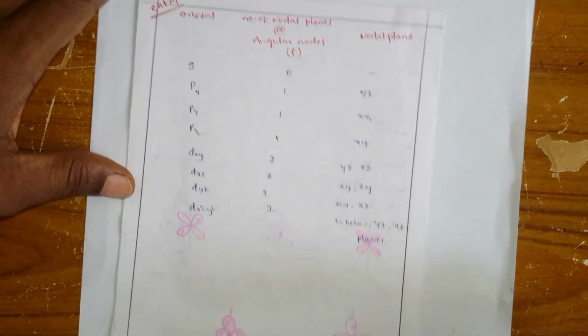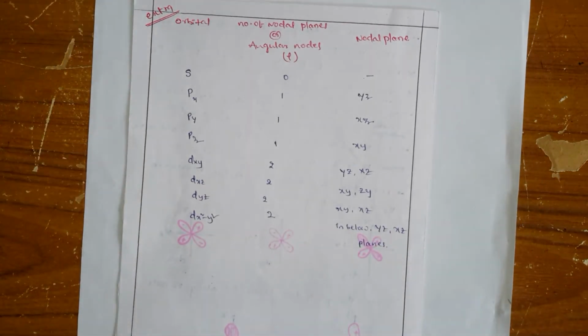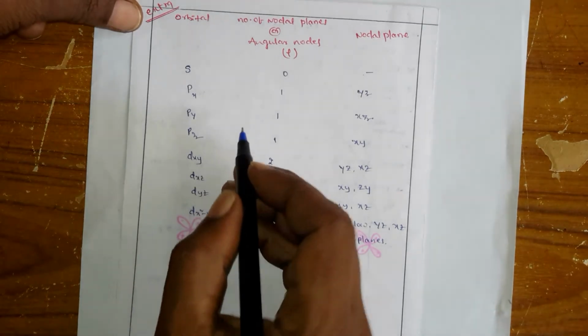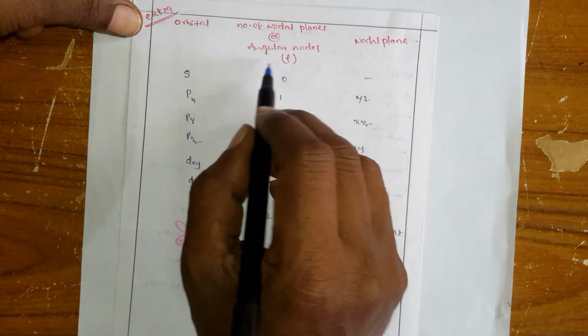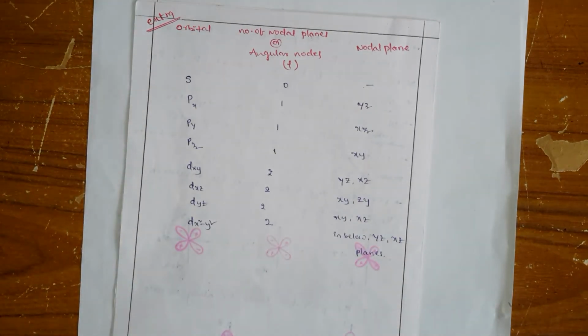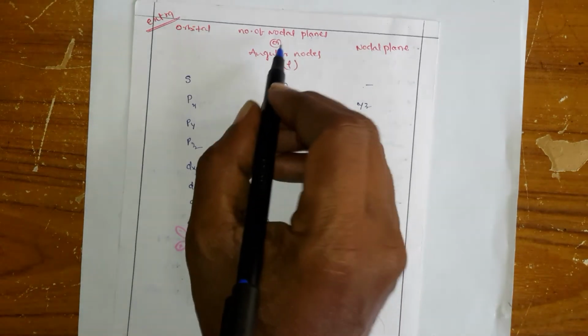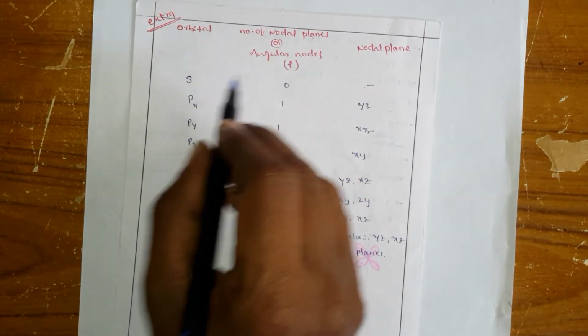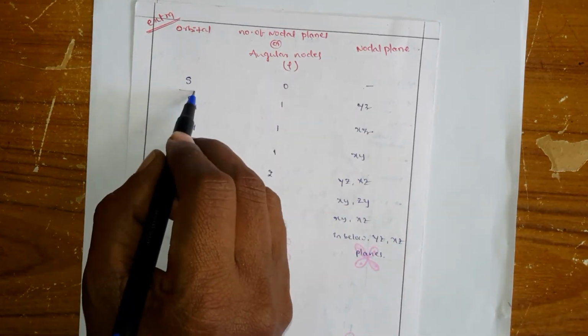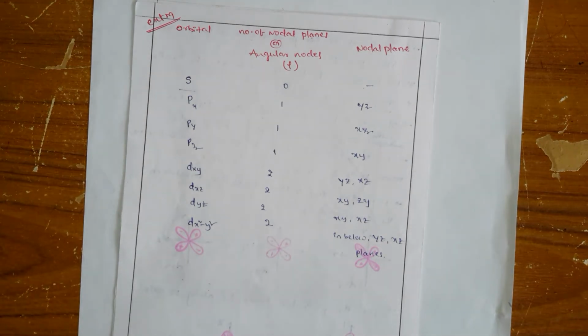And there is some important question here. Look at here, generally, the number of nodal planes. In some exams they're going to ask how many nodal planes can be present for the s orbital. Nodal plane means nodes, where the finding of an electron is 0.